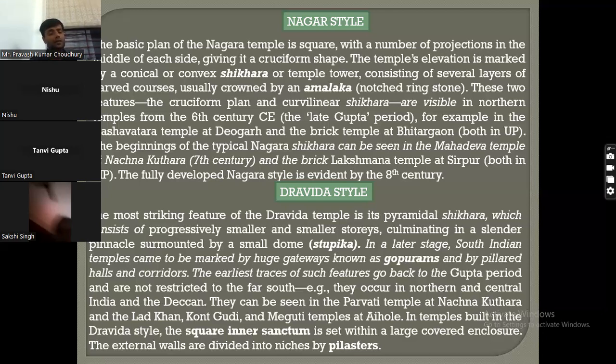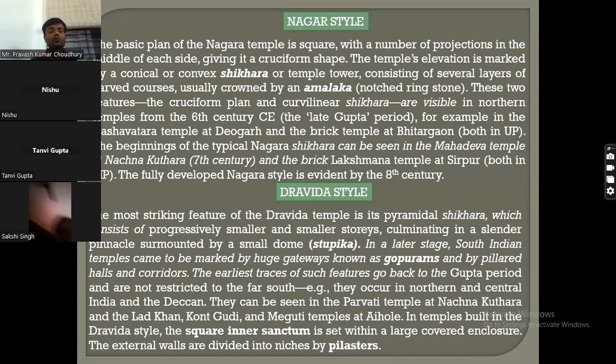In the case of the Dravidian style of temple architecture, what kind of shikhar do we come across? We come across a pyramidical shikhar, not the curvilinear shikhars like the way we come across in the Nagar style of temple architecture. Similarly, a special provision that we see in the Dravidian style of temple architecture is the Gopuram, that is the gateway to the temple, where in Shaiva temples usually Nandi is placed, right?